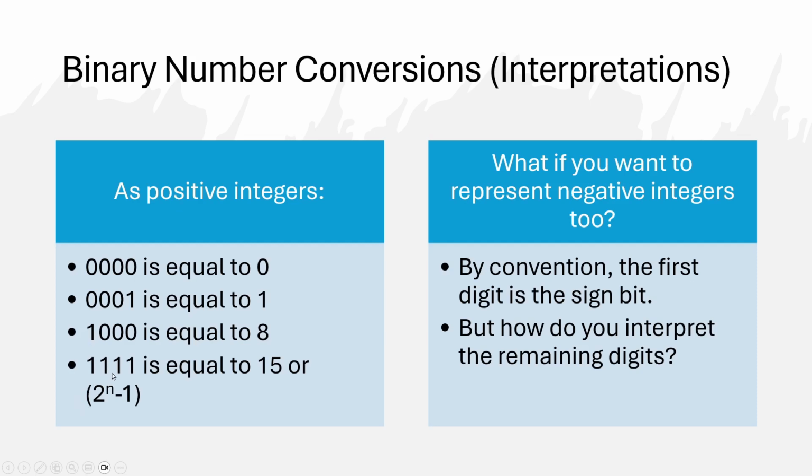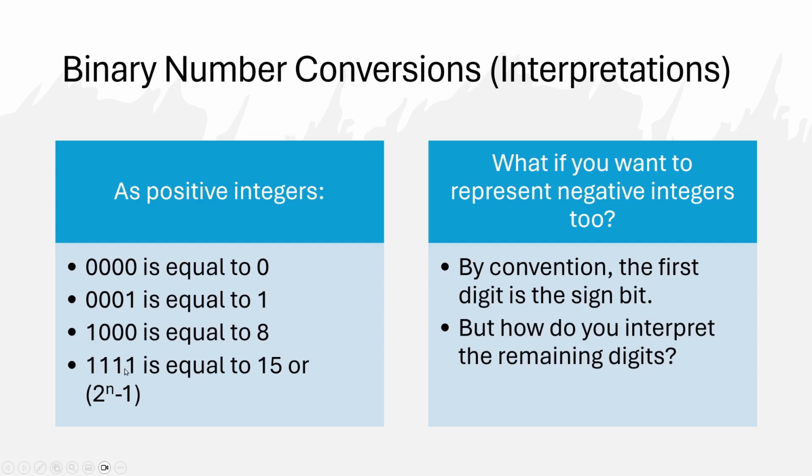And then 1111 is equal to 15, by combining 8, 4, 2, and 1 and adding those up. The largest number that you can have in a positive 4-bit number is 1111, or 2 to the 4th power minus 1. 2 to the 4th power, of course, is 16. You subtract 1 from that to give you 15, and that's the largest number you can represent in 4 bits.